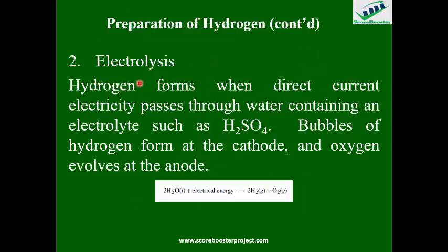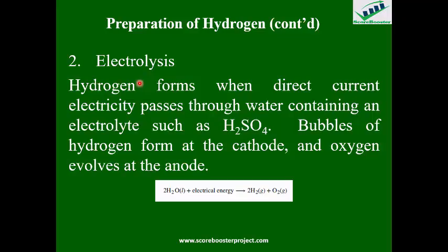Another one is the electrolysis. Thank God we have done electrolysis before. So when you have a direct current that passes through the H2SO4 electrolyte, aqueous, then you have SO4 2- and hydrogen ions in the solution.